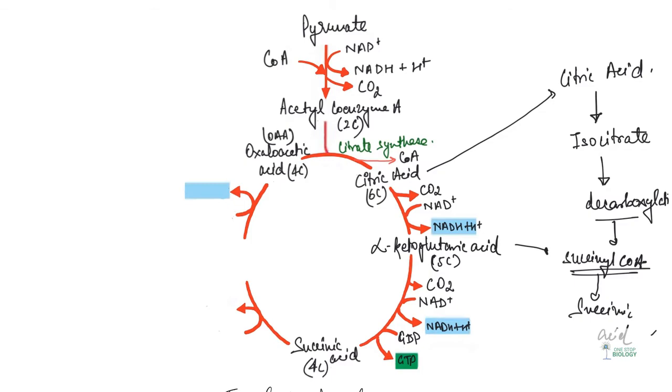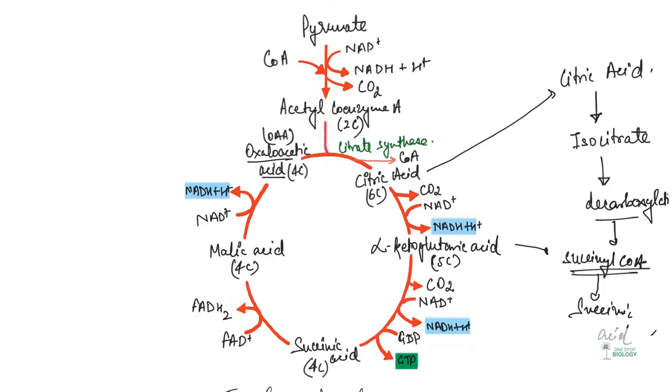So from here, this succinic acid will first be converted to malic acid, which is again a 4 carbon compound, and here FAD plus will be converted to FADH2, and then malic acid will be converted to oxaloacetic acid, and again a molecule of NAD plus will be converted to NADH plus H plus, right?